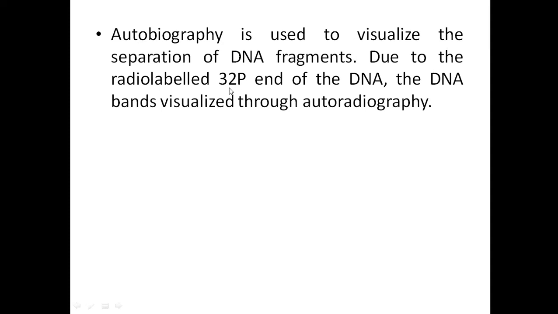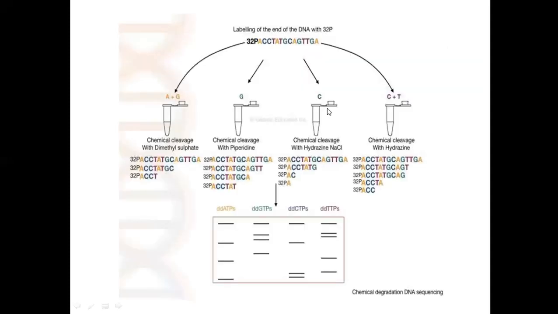Due to the radio-labeled 32P end of the DNA, the bands are visualized through autoradiography. You use X-ray films, so the radio emissions pass to the X-ray film, and then you can see the bands. So that is autoradiography.